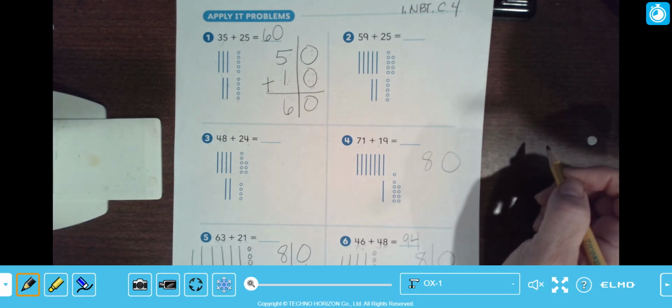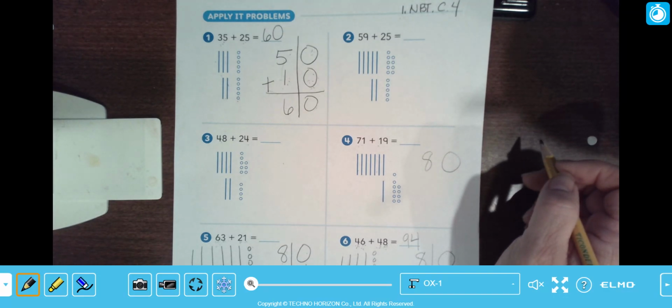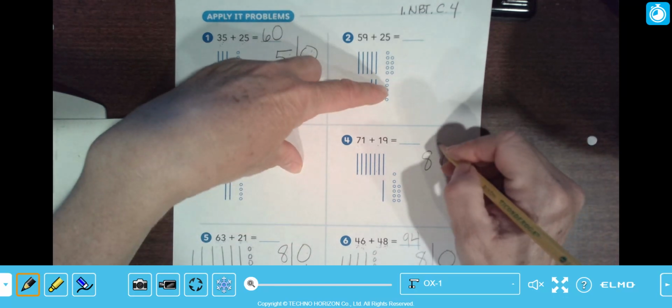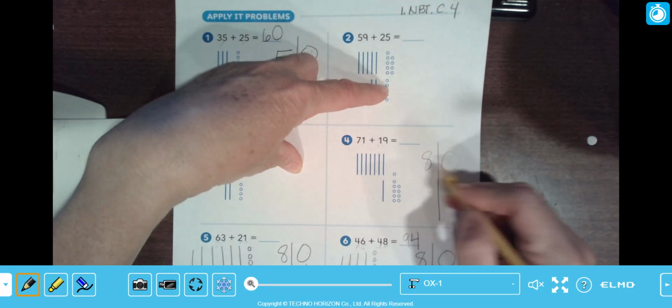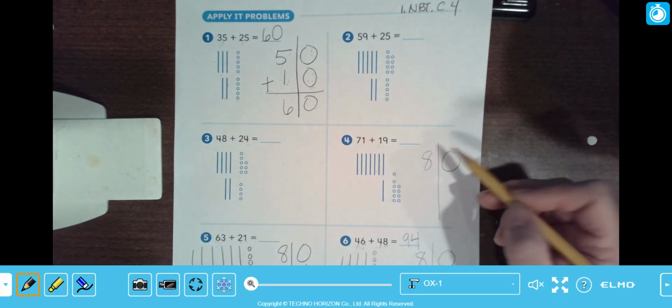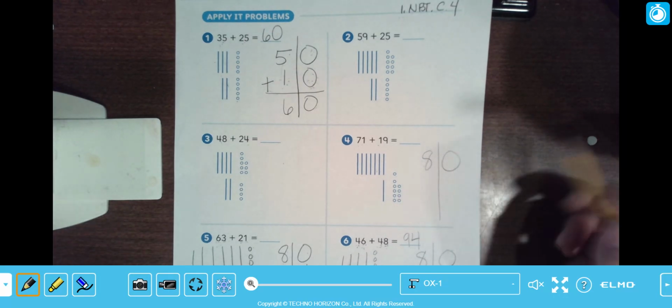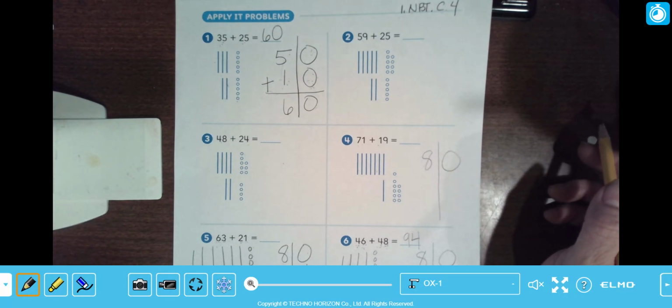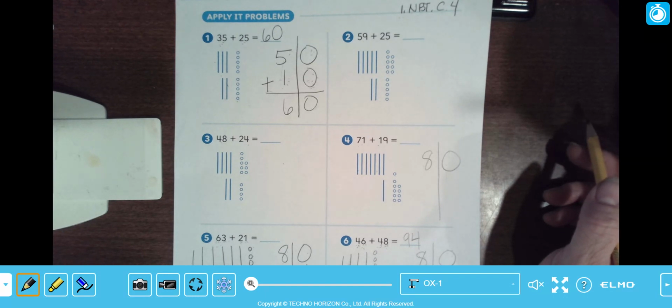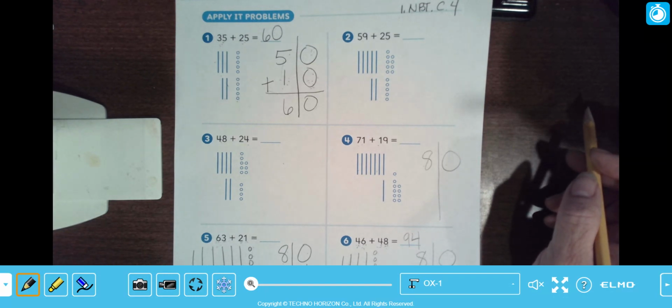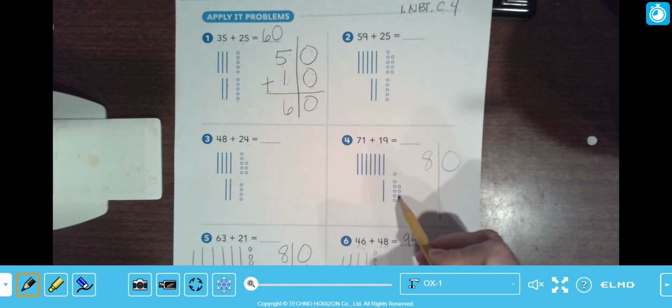Okay, what do we do next? You've got to draw the line to separate the tens and the ones. Say that. I'm going to draw the line to separate the tens and the ones. Good. Okay. Now what do we do? Okay, now we count the ones.